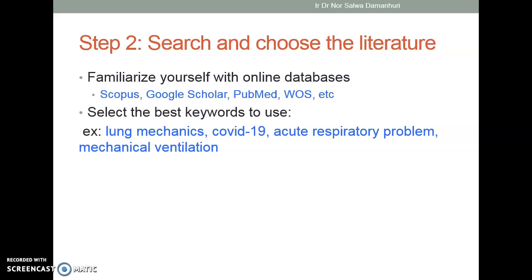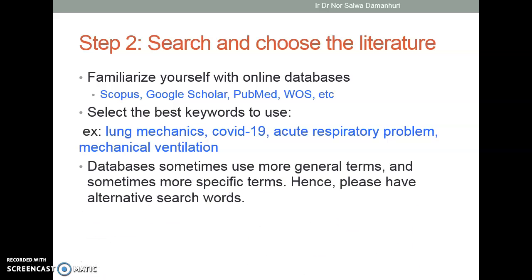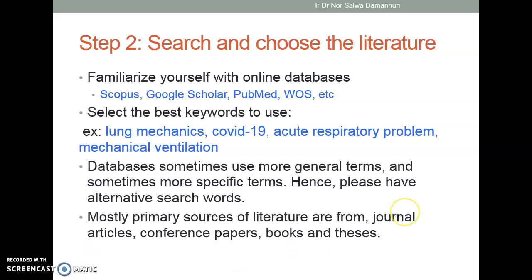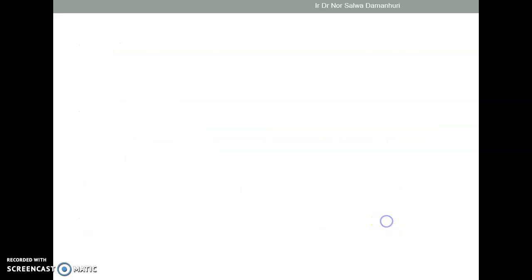This relates to the previous slide that details the topic. Databases sometimes use more general terms and sometimes more specific terms, hence please have alternative search words. Most primary sources of literature are journal articles, conference papers, some books, and also theses.